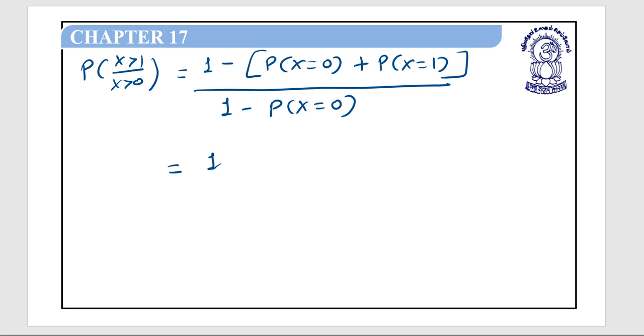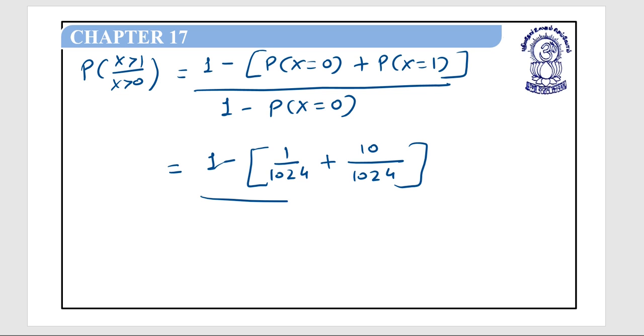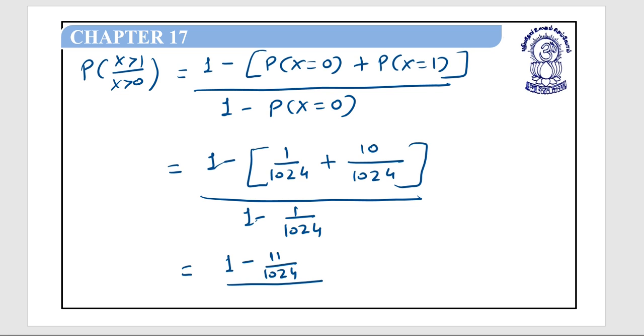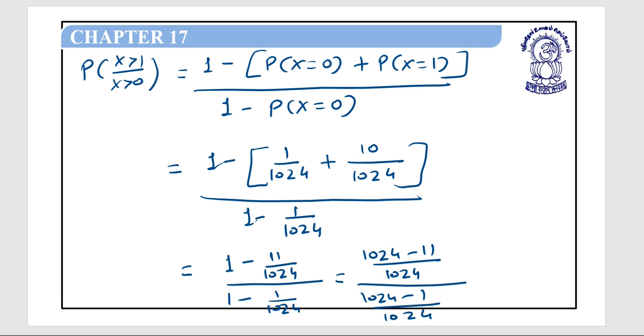Okay, so 1 minus 1 upon 1024 plus 10 upon 1024, upon 1 minus 1 upon 1024, is equal to 1 minus 11 by 1024 upon 1 minus 1 upon 1024, is equal to 1024 minus 11 by 1024 upon 1024 minus 1 by 1024.